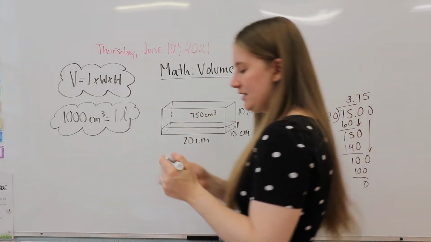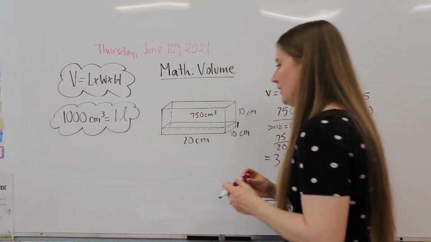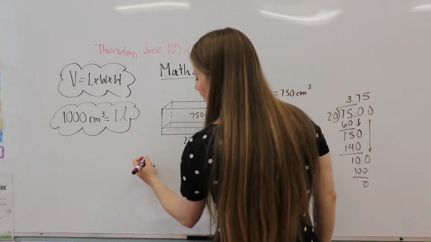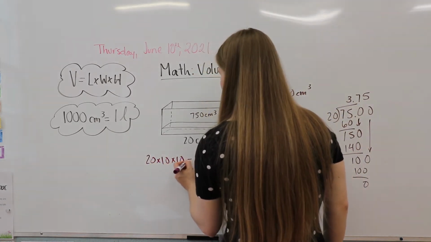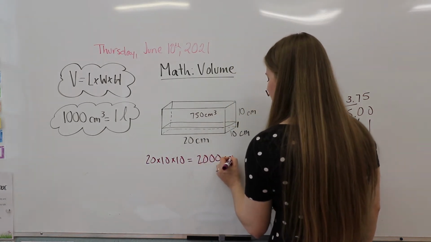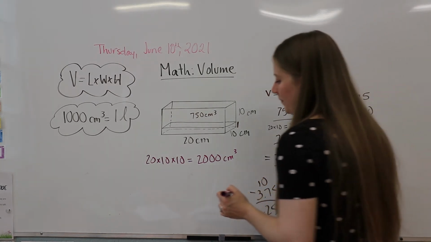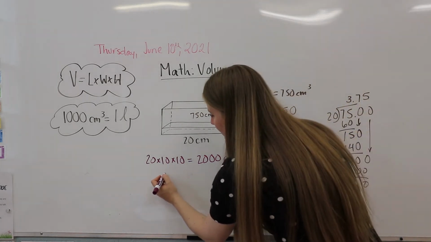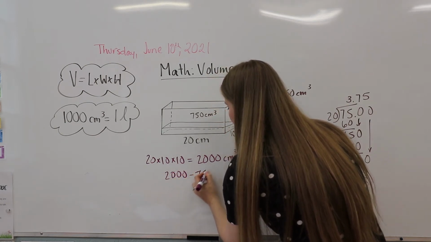And I'm going to do this in a new color to show that it's different. So we can do 20 times 10 times 10, which is going to give us 2,000 centimeters cubed as our starting spot. And then we do 2,000 minus 750.